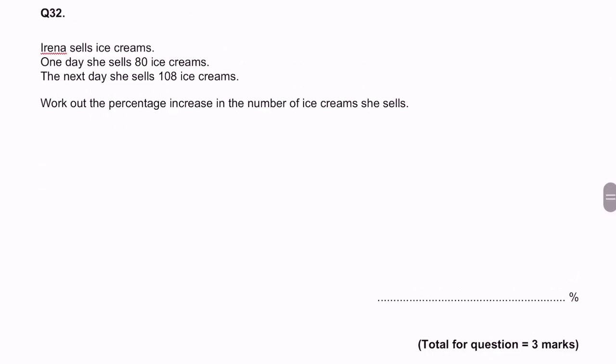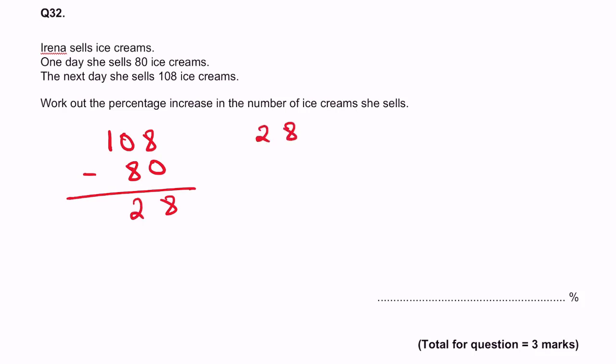Question 32. Irene sells ice cream. One day she sells 80 ice creams. The next day she sells 108 ice creams. Work out the percentage increase in the number of ice creams she sells. So to find the percentage increase, let's find out how many extra she sold. 108 take away 80, so 28 more.